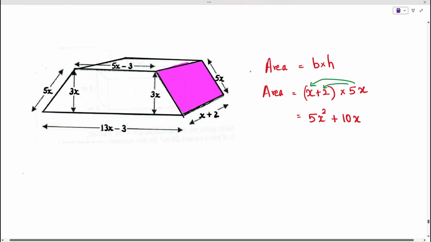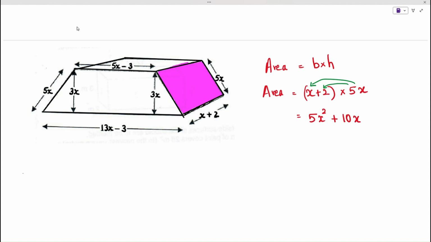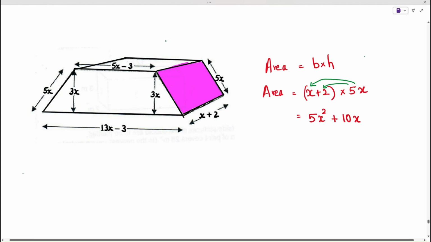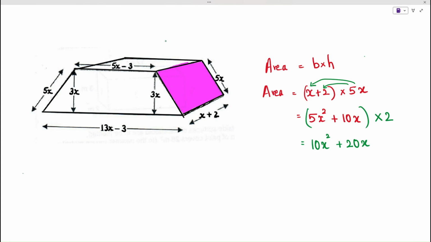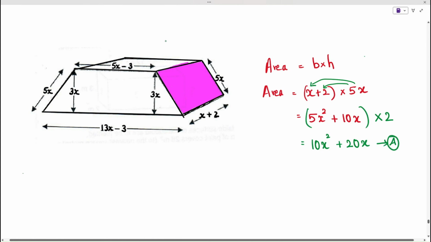Now, since this prism is symmetrical, or seemingly symmetrical, we're going to double this area because it is the same on the other side of the prism. So if we multiply 5x squared plus 10x by 2, this is equal to 10x squared plus 20x. Now we will label this section of the surface area as A.